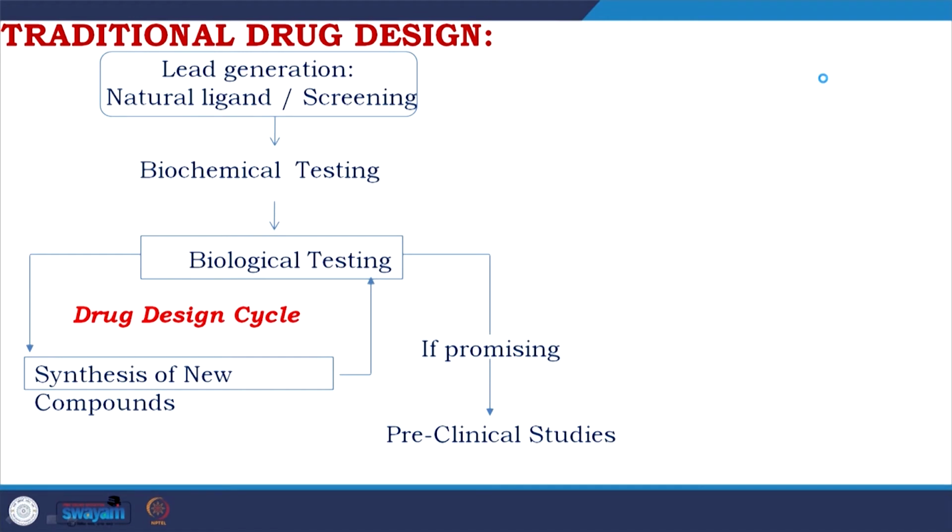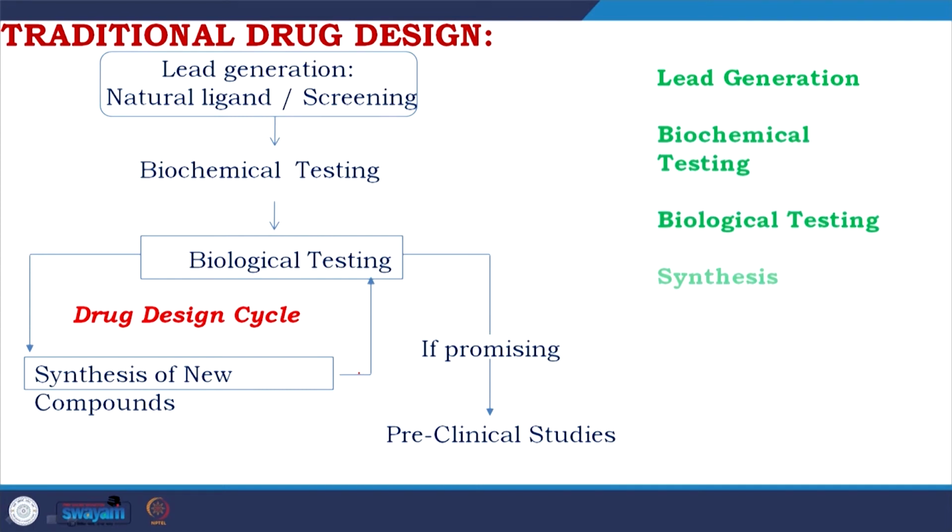When you get success, you do the synthesis of new compounds on one side, which is a drug design cycle, whereas on the other side, if it gives promising results, you go to preclinical studies, clinical studies. So, what does traditional drug designing involve? Lead generation, biochemical testing, biological testing, synthesis of small molecules, peptides, preclinical studies, and if that works, clinical study.